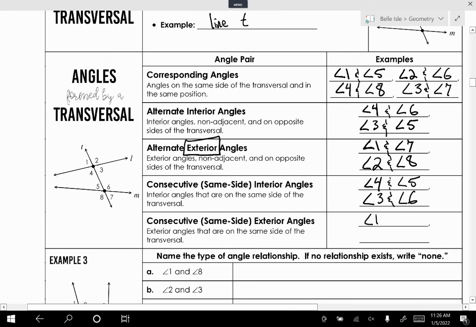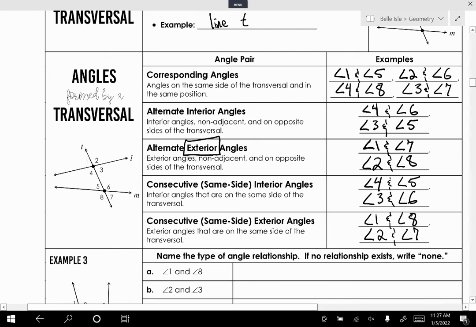For angle 1, we'd have angle 8. For angle 2, we'd have angle 7. Don't think equal in terms of measurement. We're thinking pairs. How can we pair them or group them together?